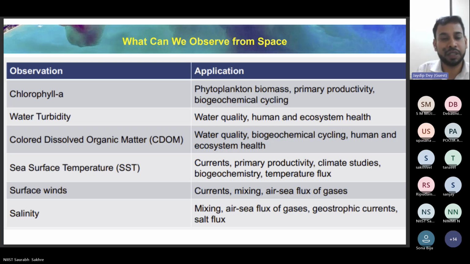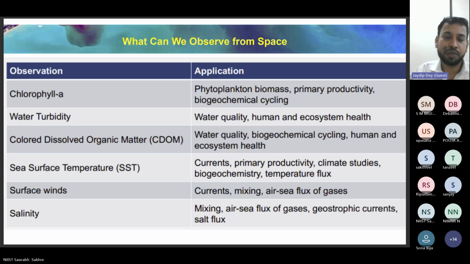Similarly, water turbidity is another significant water quality parameter that reveals the condition of the aquatic ecosystem, which is related to human health also. Similarly, colored dissolved organic matter represents the biogeochemical cycle, human and ecosystem health of an area.